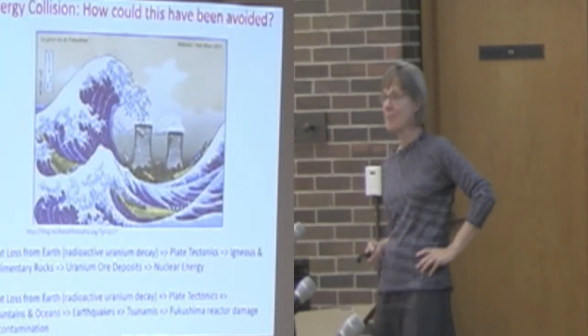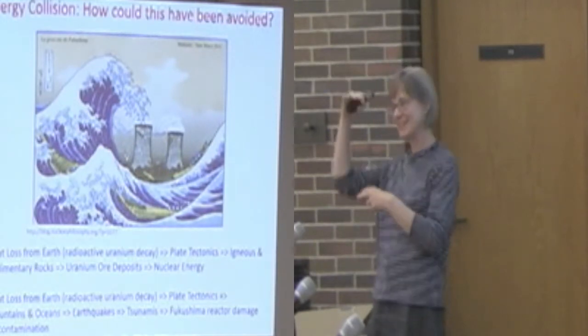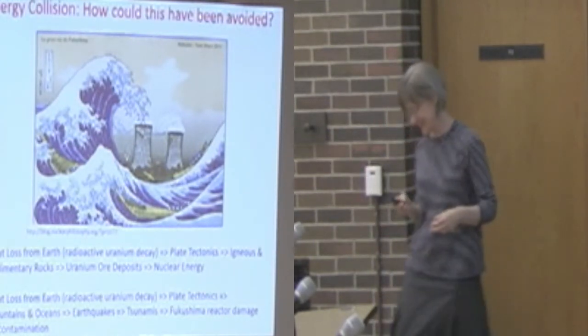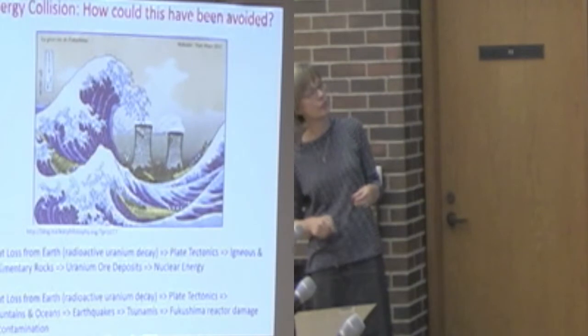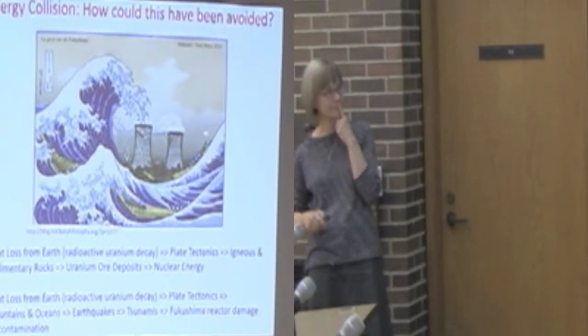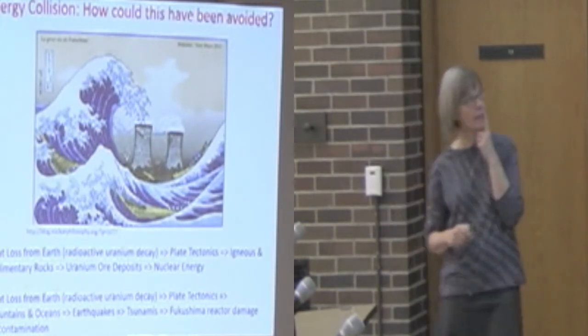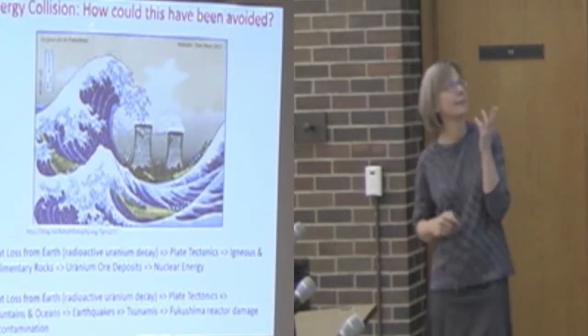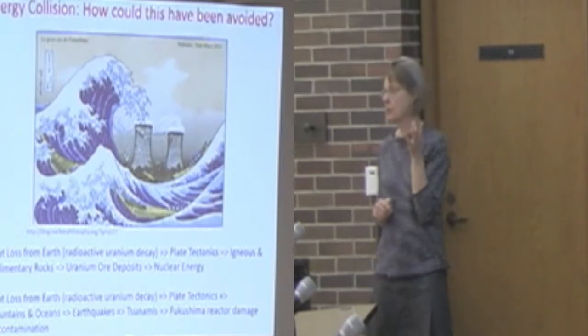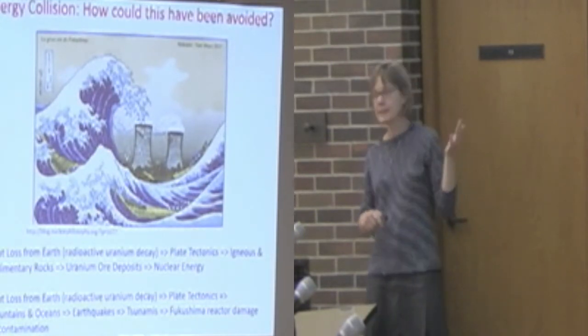Okay. And my last slide. Okay, so I want to wrap up. Heat from inside, heat from outside. What is this? Fukushima, okay? The Japanese view of it. Let's think about this. It's an energy collision in some sense. How could we have avoided it? Well, why is it even there?